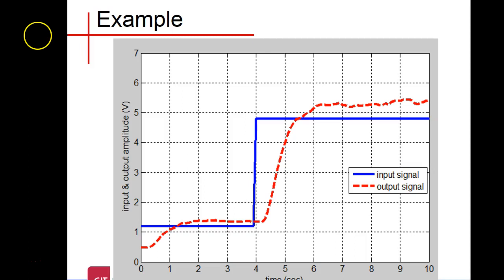So I'm going to calculate 63% of the change in output first of all, which, if I've done that right, gives me about 2.5.